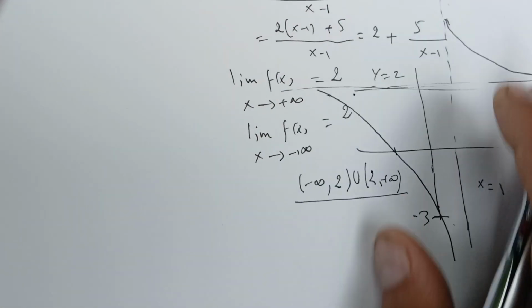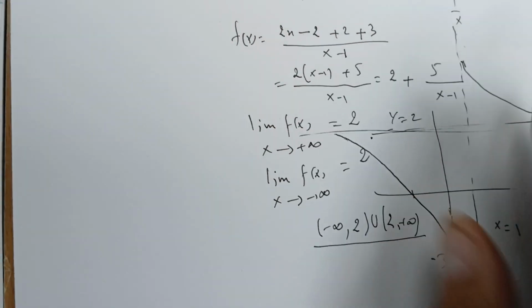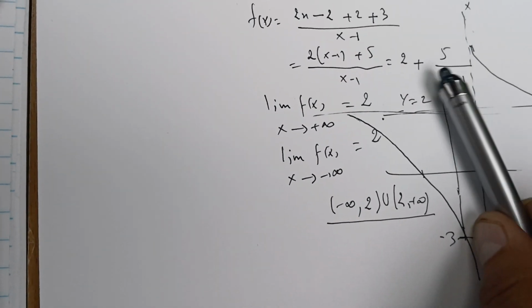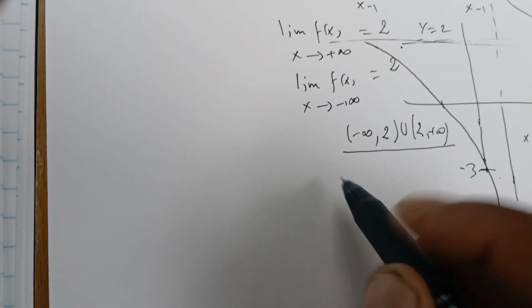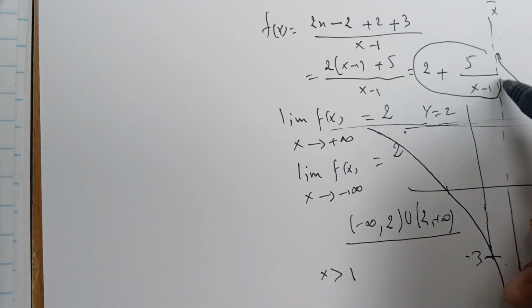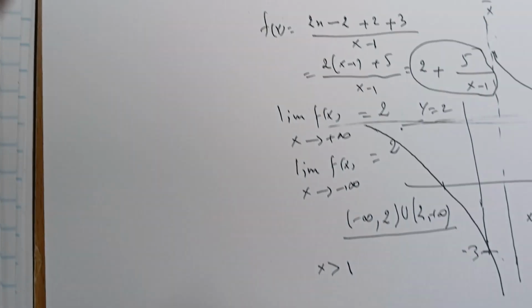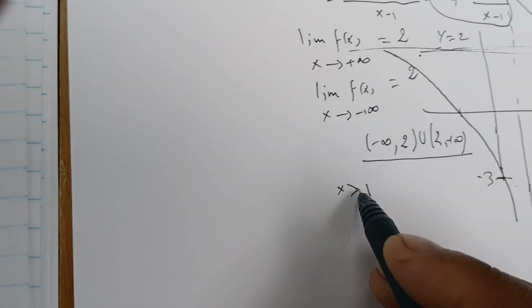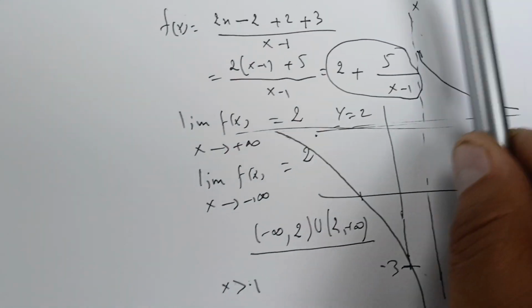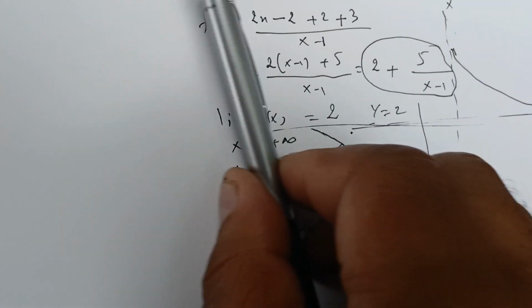This is giving us a big picture of the range, but let's prove it. We have two cases. Remember, we write our function in this manner to make it easier for us. When x is bigger than 1, we are in this region. When x is less than 1, we are here.